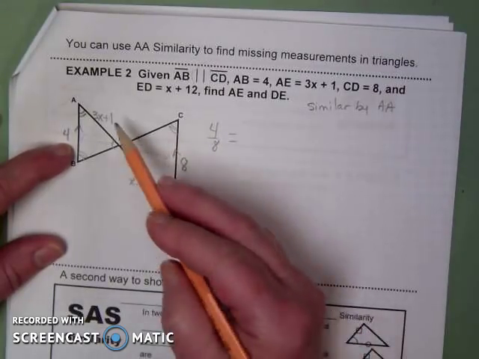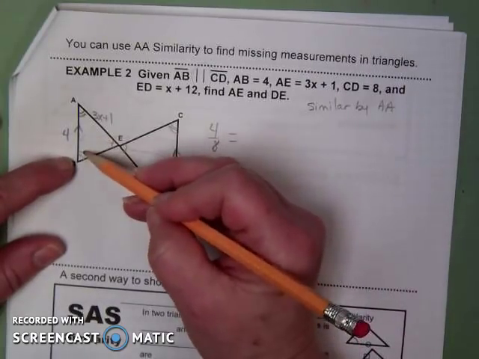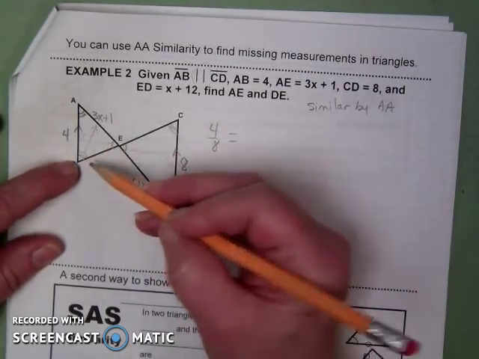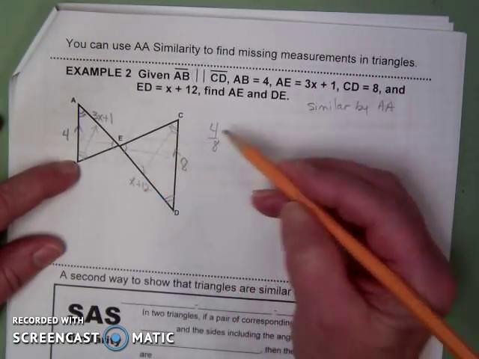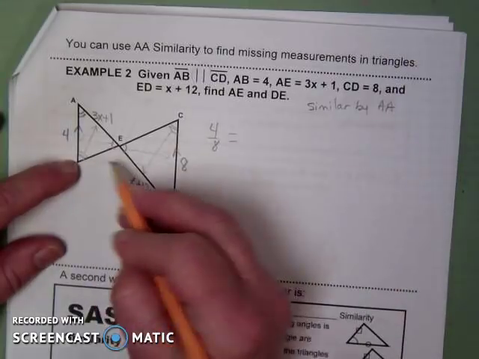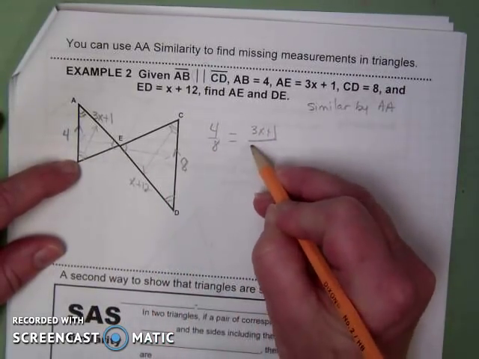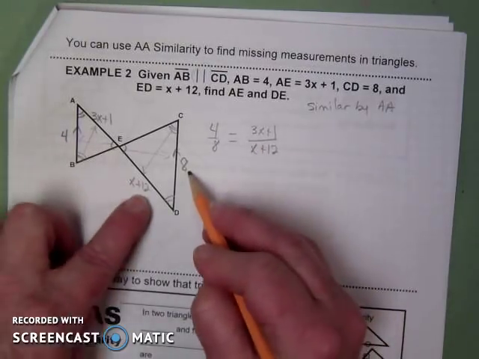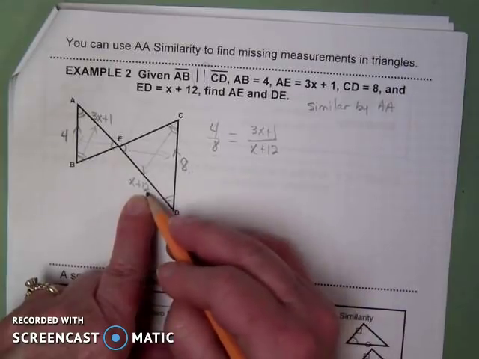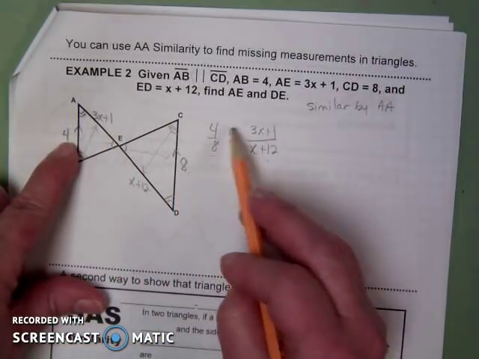Now we can set up these other two sides where we have the unknowns. This side is across from the angle marked with the 3 lines, and this side is across from this angle marked with the 3 lines. So we always go from left to right. So 3x plus 1 over x plus 12, because 8 and x plus 12 are on the same triangle, and 4 and 3x plus 1 are on the same triangle.